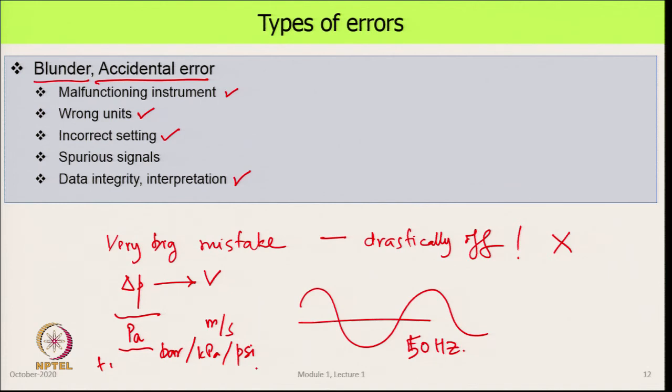There are many other examples where blunders happen, and whenever you see, whether it is you yourself or as a student, when you did an experiment, you got an answer which is terribly off, you know that there was a blunder in the experiment. It is not at all uncommon that blunders happen. This is very much a part of life.